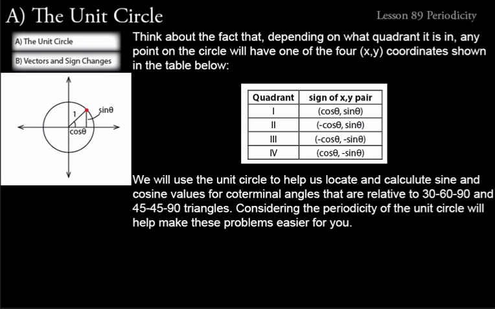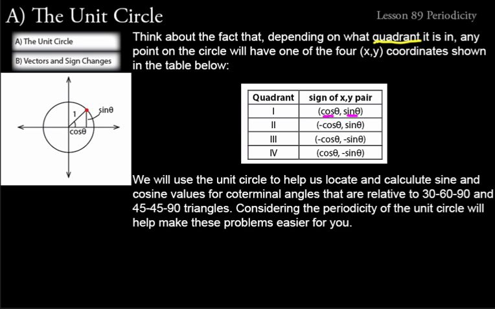Now, let's keep going with this idea here, and let's think about the fact that depending on what quadrant it's in, any point on that circle, in the unit circle, will have one of the 4 xy coordinates shown in the table below. So quadrant 1, it'll be cosine theta, sine theta.